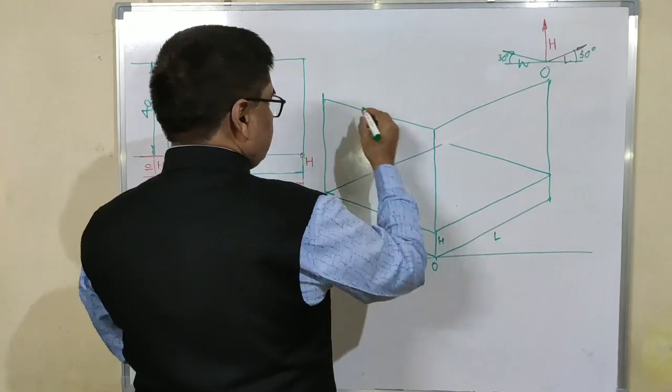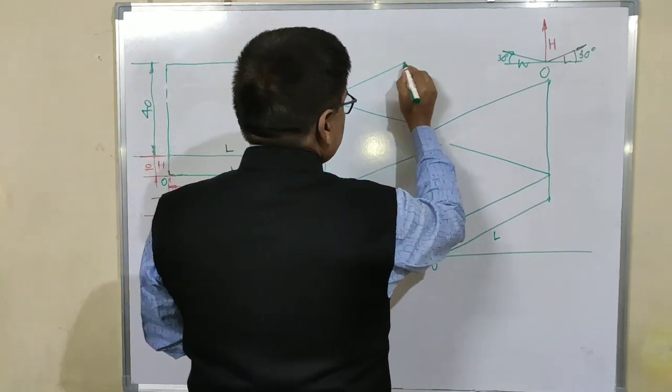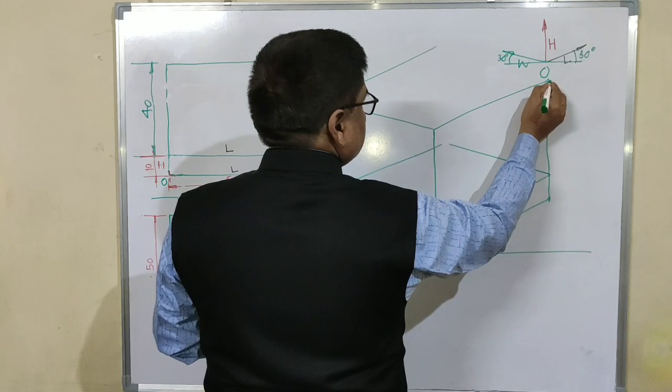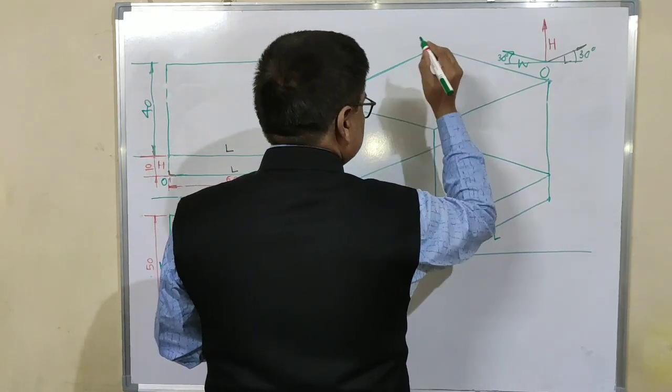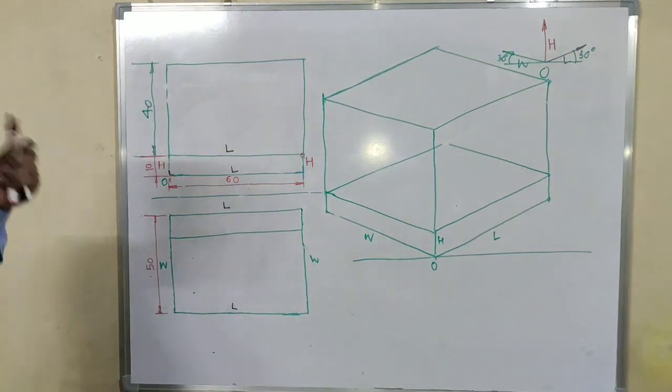And let's draw two lines which are isometric lines parallel to principal lines, that is isometric axes.